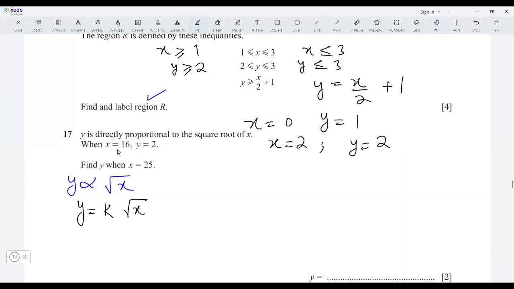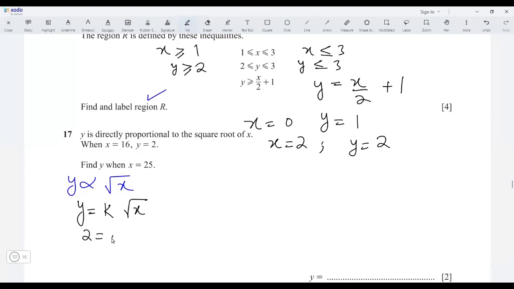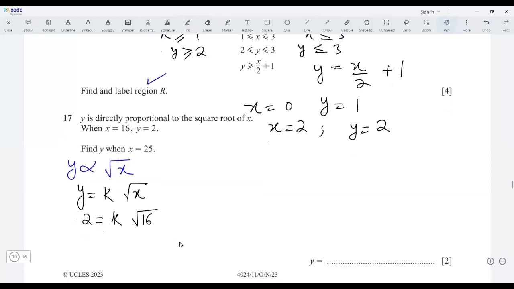Now we can see when x equals 16, y is 2. Put 2 in place of y and replace x by 16. Now simplify root of 16. As we know, we have to remember the first 15 square roots and the first 10 cube roots. Remember them by heart, because you don't have to use calculators.